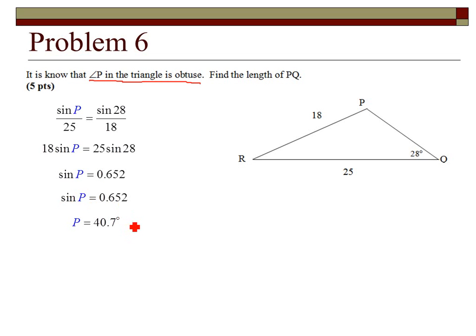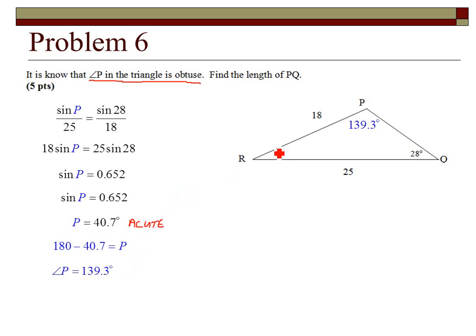So what happens here, this is the acute case. This is when the angle is less than 90 degrees. But I was told the angle was obtuse, so I'm going to have to do 180 minus 40.7 to actually find out what P really is. So it's going to be 139.3.